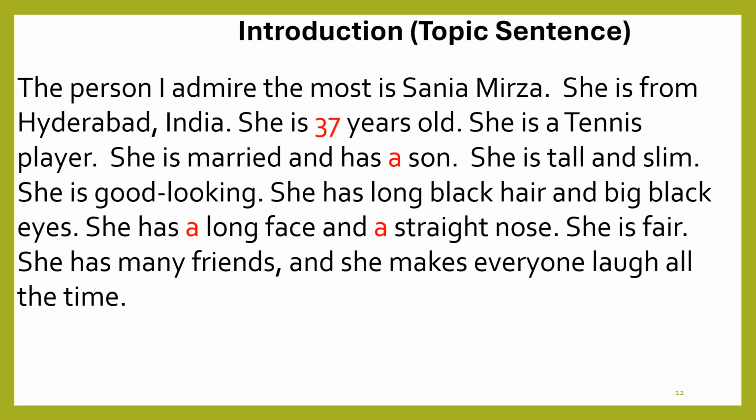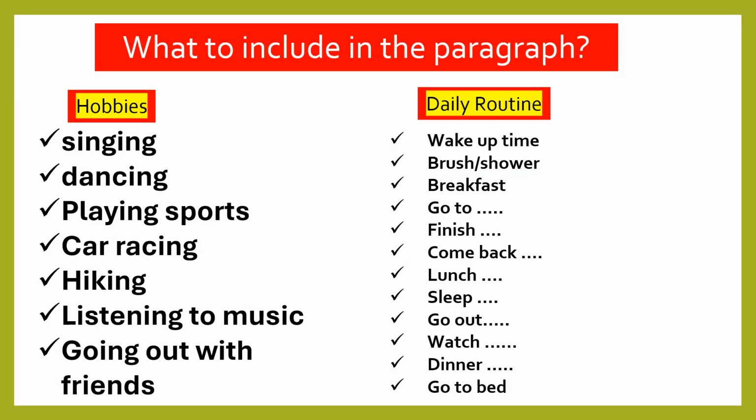Okay, now let's continue. Now, what do we need to write? We need to write the hobbies of a person and the daily routine. If it is a person you know, you know what their hobbies are. And if it is someone you don't know, in the exam, in the table, the hobbies will be given.